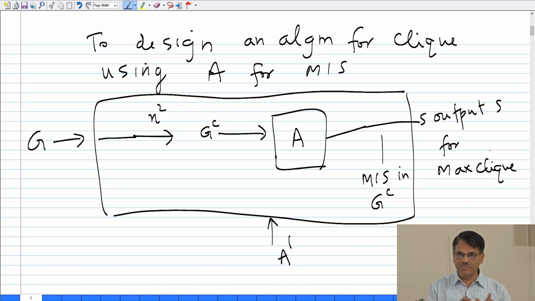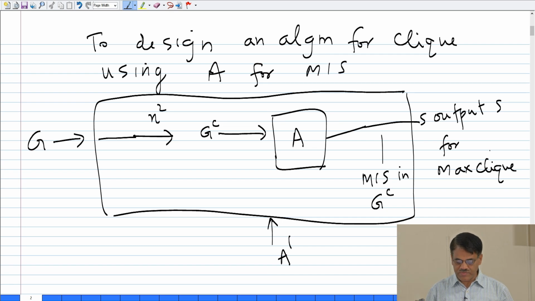I take some graph where I want to find the clique, I do some surgery to that graph, in this case just a complement, and then I feed it to my algorithm, which gives me the max independent set, and that gives me a max clique.